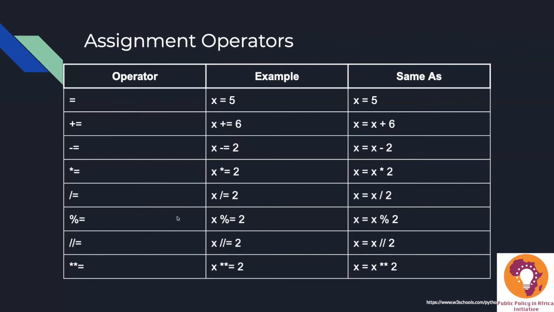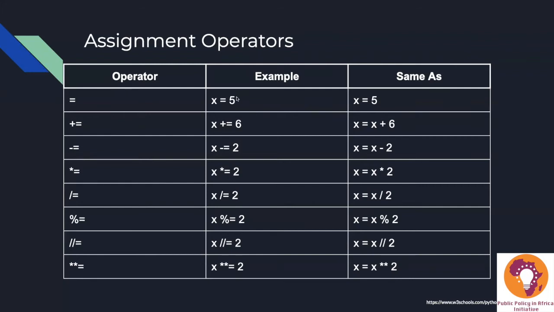We can do the same thing with modulus equals. So x modulus equals 2 is the same thing as x equals x modulus 2. Going back to modulus, you fit the value that you're modulusing by into the number however many times you can evenly, and then you take the remainder.